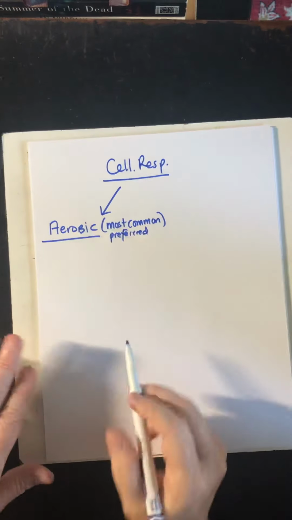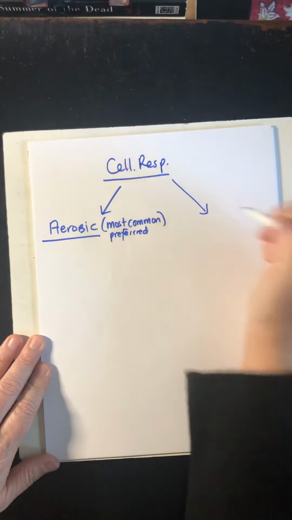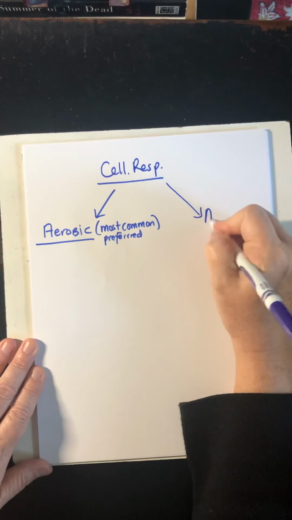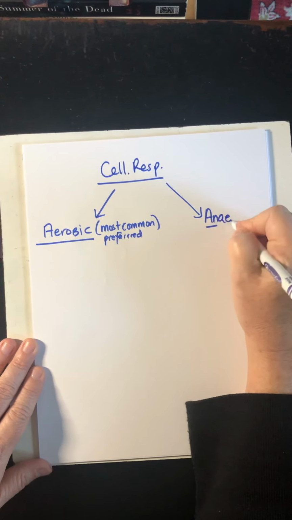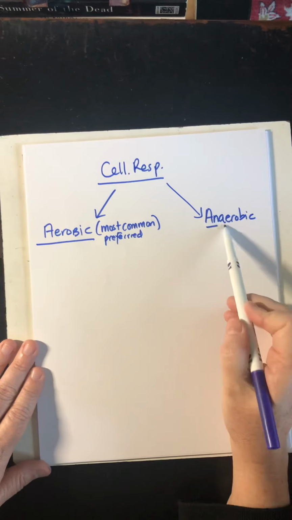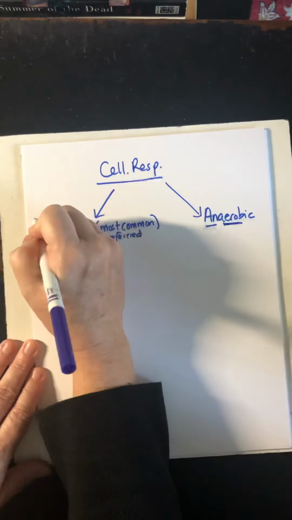So if an animal can do the other type, it still would prefer to do aerobic, okay? And the other one is anaerobic. Anaerobic means without something, and aerobic means with oxygen.